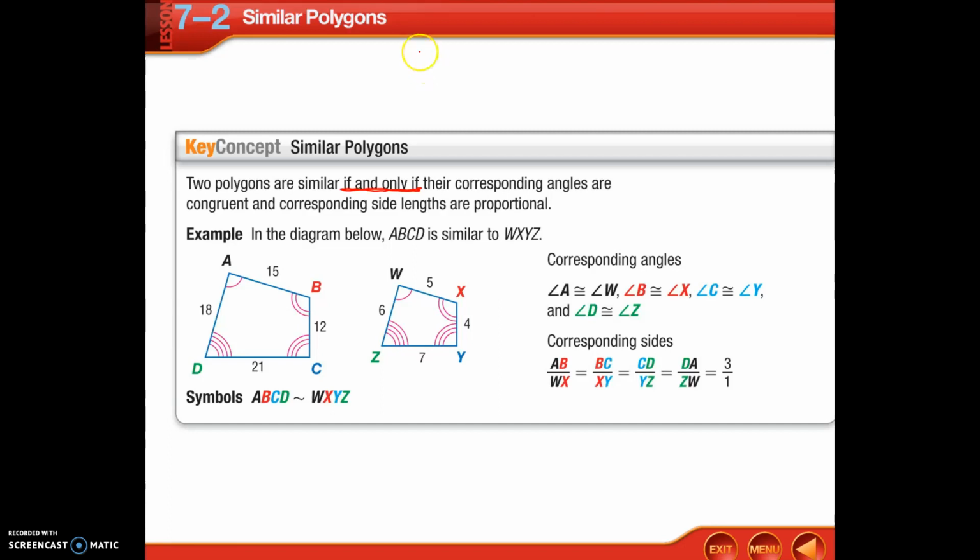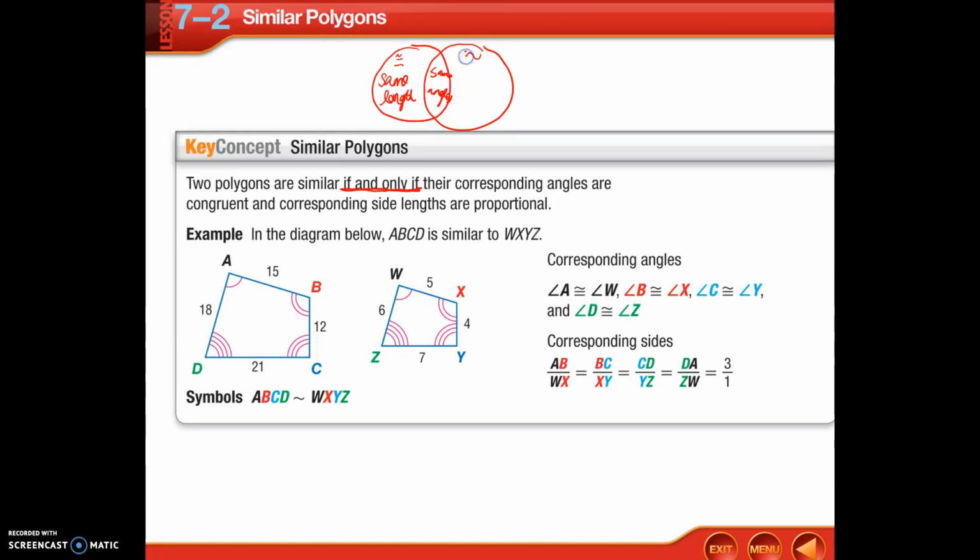So when we were talking about congruent polygons, those had the same lengths on the sides because they were the same size and shape, and then the same angles.